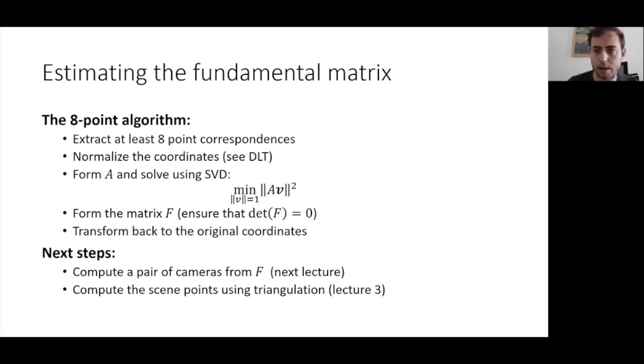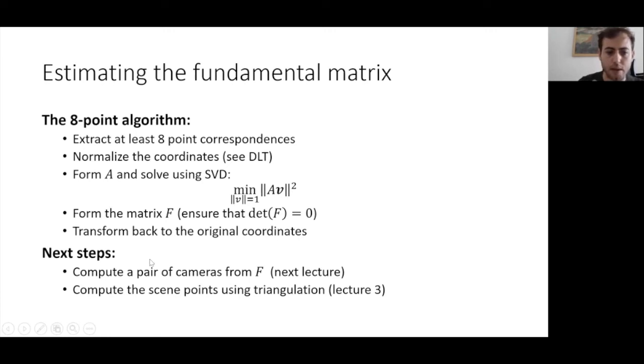And let's go over the entire 8-point algorithm, which we discussed until now. It is needed to extract at least 8 point correspondences, normalize the coordinates, then form this A matrix and solve it by SVD, and then form the F matrix by ensuring that its determinant is 0, and then it should be transformed back to the original coordinates.